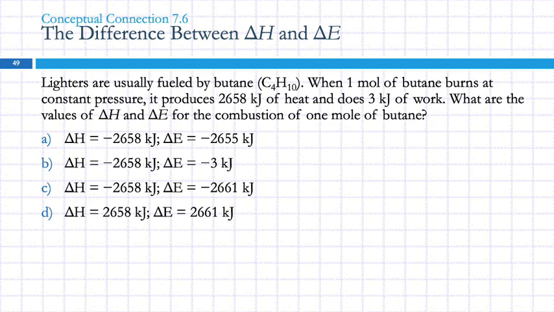Lighters are usually fueled by butane, C4H10. When 1 mole of butane burns at constant pressure, it produces 2,658 kilojoules of heat and does 3 kilojoules of work. What are the values of delta H and delta E for the combustion of 1 mole of butane?